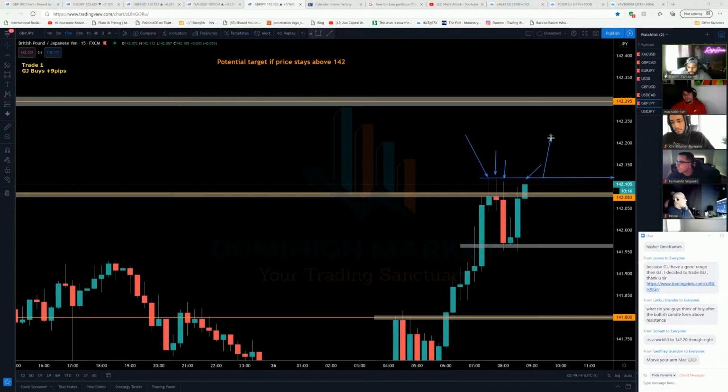Above this area would be a perfect time to go up. But if you stay below this rejection area, then price can just come back down and reject, because we don't know whether this candle is going to reject like these candles here to the left, or continue moving up. Exactly. So it's a delicate situation at this point.